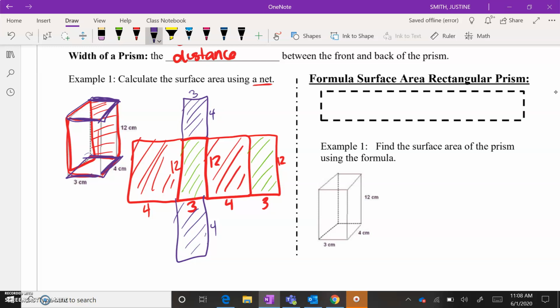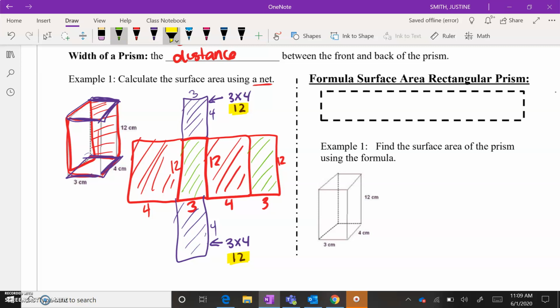Then I could go through and do the areas of each part. This would be 3 by 4, so the area of that rectangle is 12. It would be the same thing on the bottom, because these are the same. So another 3 by 4, which again would give me 12.